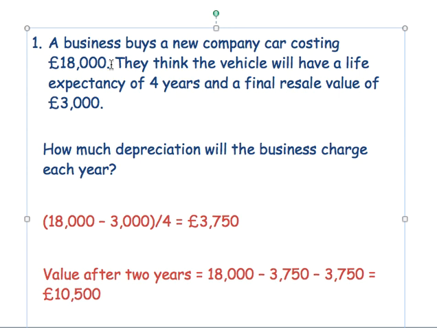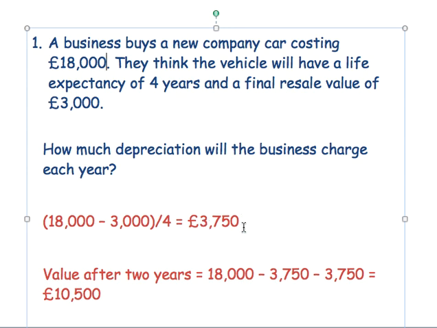How much depreciation will the business charge each year, to reduce the value of the asset listed on your balance sheet, but also as a cost in your profit and loss? So we've got 18,000 minus 3,000 divided by 4. We have to do all of that sum together before you divide it by 4, by the way, and you get 3,750. So that's how much depreciation you'd be charging to the balance sheet and the profit and loss each year.